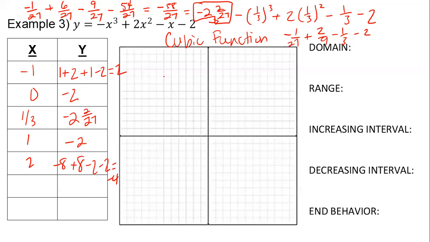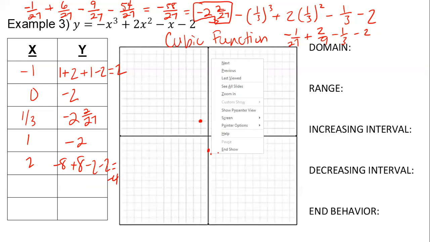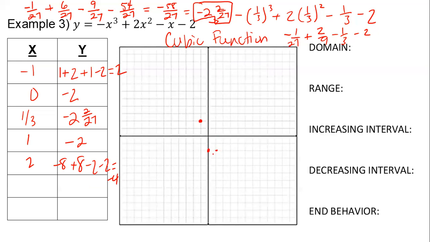So we have negative 1, 2. We have 0, negative 2. We have 1/3 and some negative 2 and some change. Is that exact? No. We have 1, negative 2, and we have 2, negative 4. So our graph looks like this.